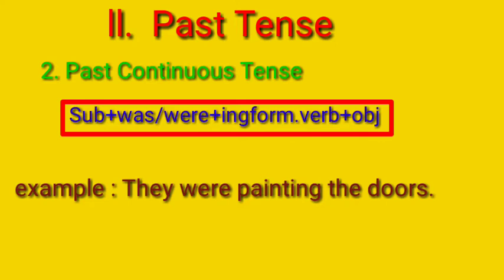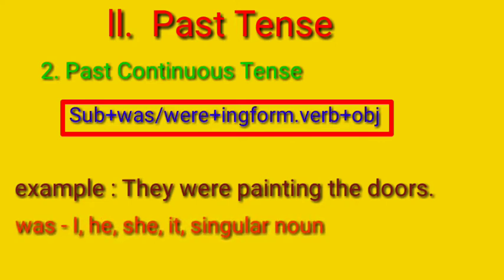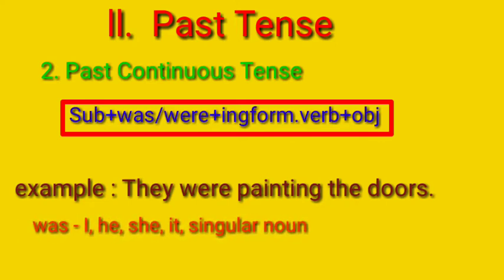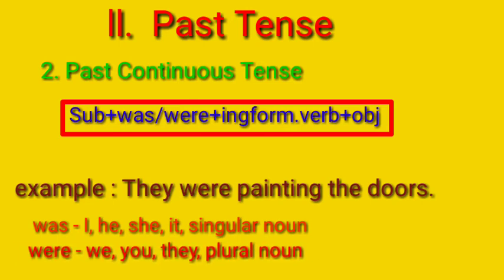We use was with I, he, she, it and singular nouns, and were we can use with we, you, they and plural nouns.